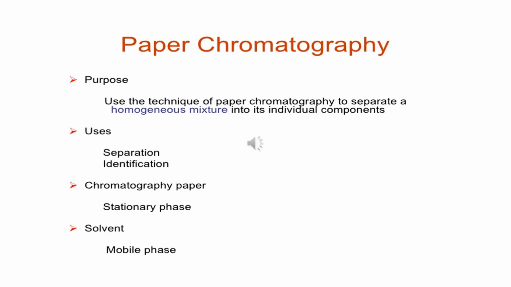Paper chromatography purpose: use the technique of paper chromatography to separate a homogeneous mixture into its individual components. It is mainly a separation technique in which a homogeneous mixture can be separated easily. Uses: separation and identification of compounds, with chromatography paper as the stationary phase and solvent as the mobile phase.